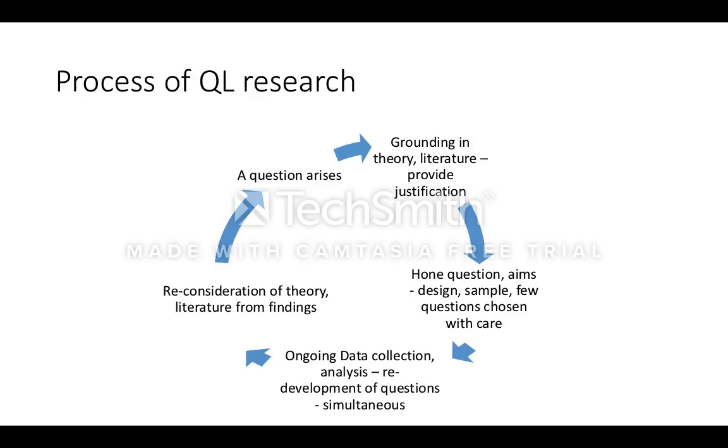I will say that in my experience as a qualitative researcher, the process can start at any place in this wheel. So I've worked on projects where as we're analyzing the data we've collected, brand new questions arise. And so we go back to that data and consider it again in terms of a new question.